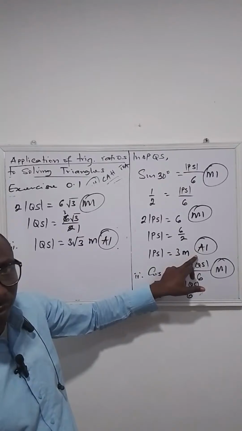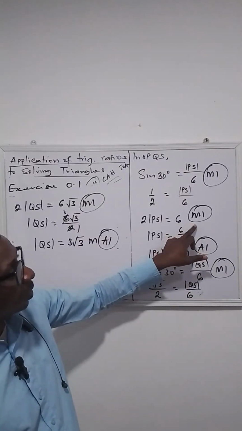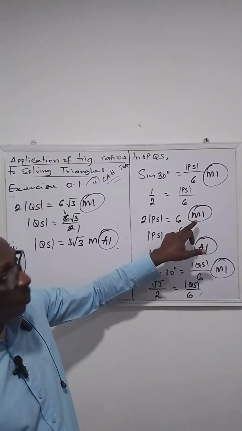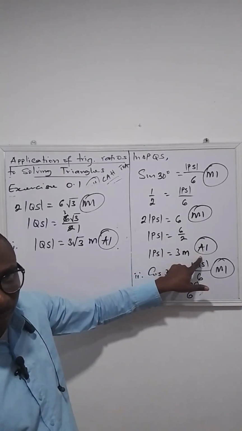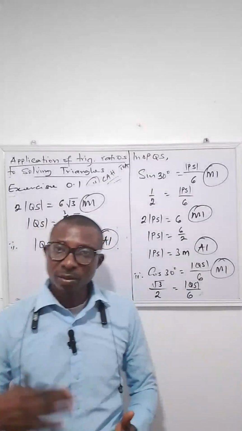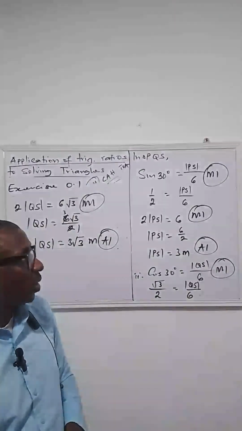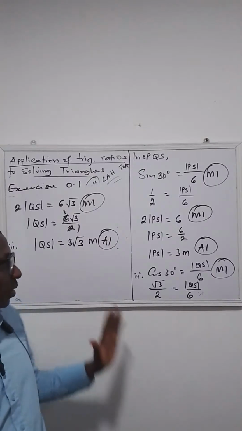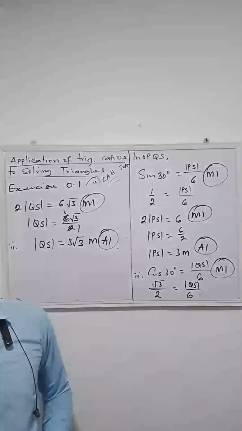So this mark will not be given to you because the method is not shown. So you must show the method. This method will make you able to earn this mark. That is the more reason why you have to pay attention to methods. So step by step, you don't need to jump when solving a problem. If you're able to do that conveniently, you have your total marks of 6.